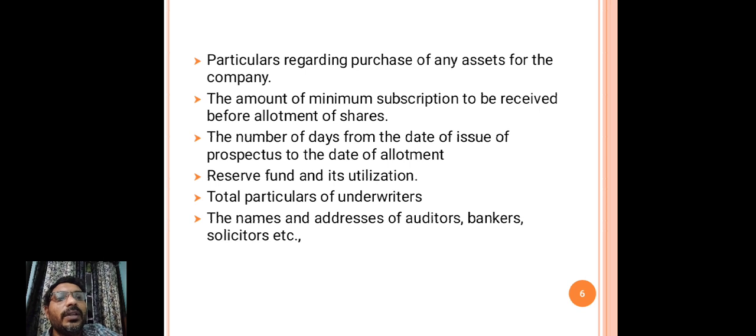Total particulars of underwriters. The names and addresses of auditors, bankers, solicitors, etc.